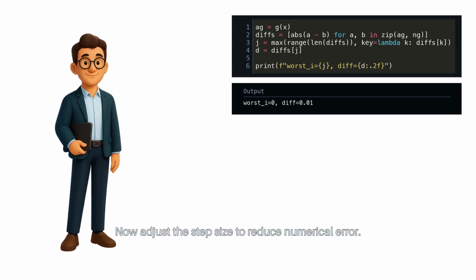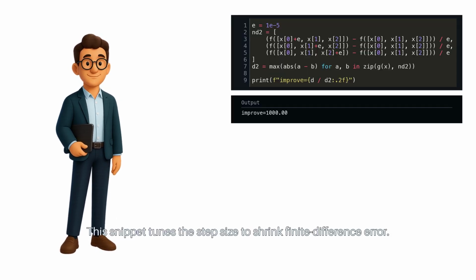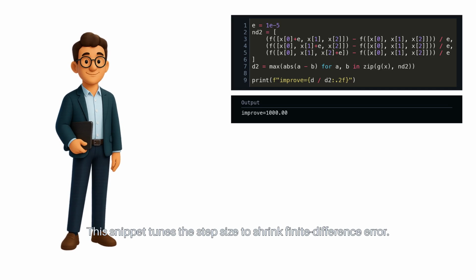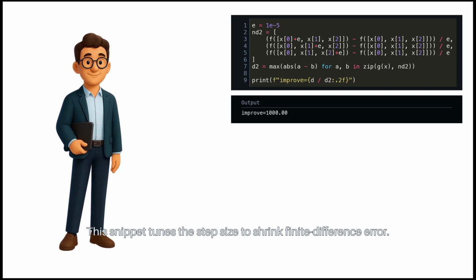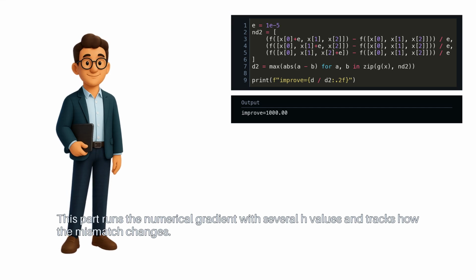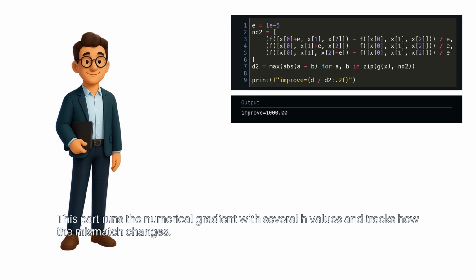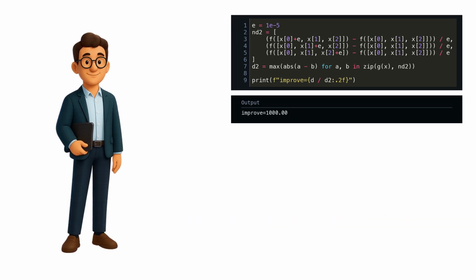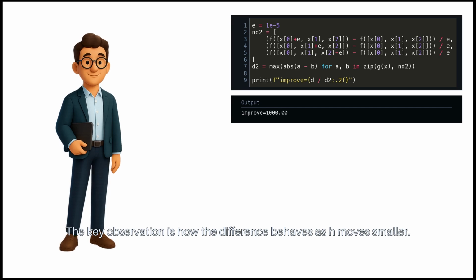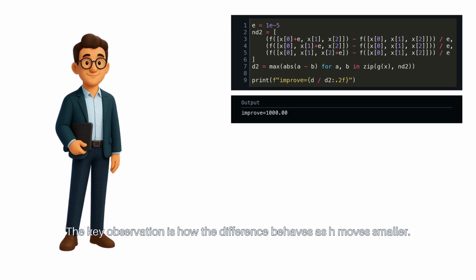Now adjust the step size to reduce numerical error. This snippet tunes the step size to shrink finite difference error. It runs the numerical gradient with several h values and tracks how the mismatch changes. The key observation is how the difference behaves as h moves smaller.